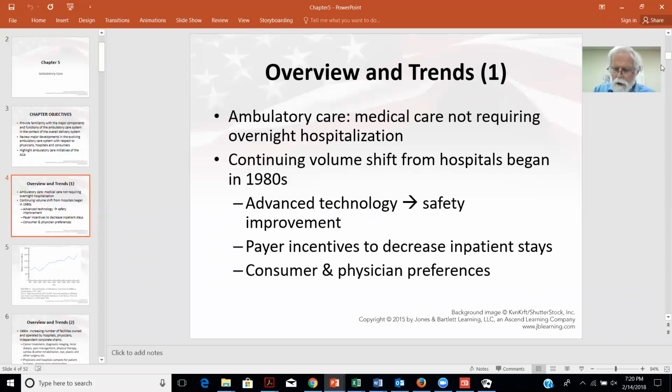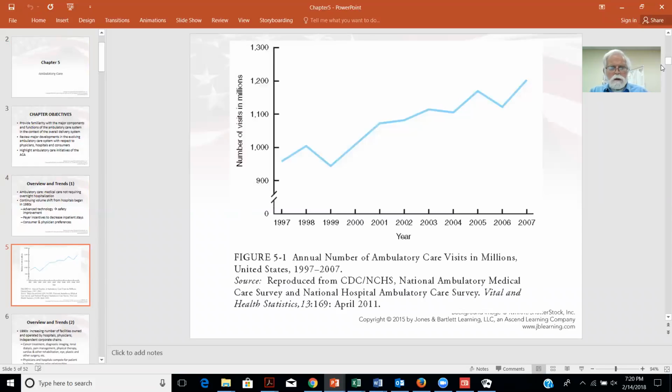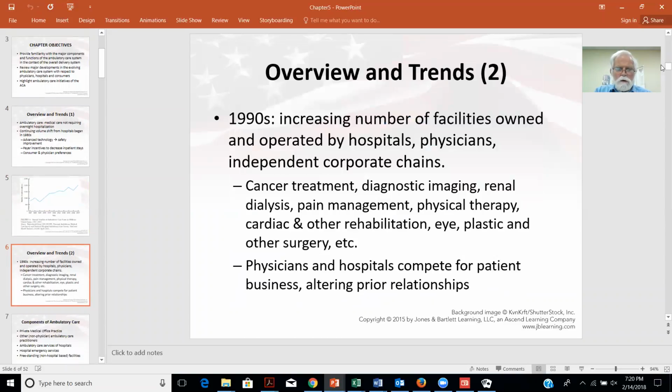So what we have is the number of visits in ambulatory care are just skyrocketing, and by ambulatory care, I include some of the more recent forms.